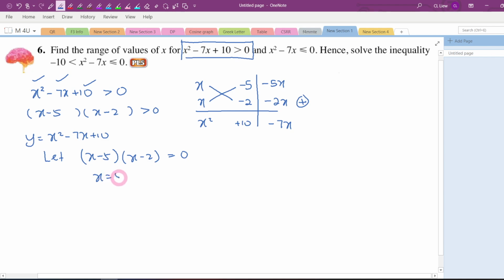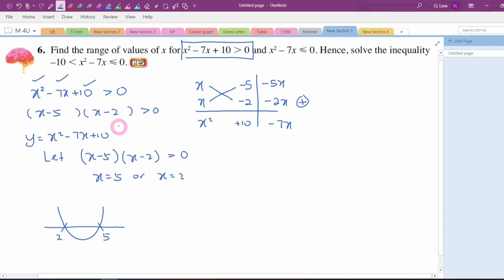So x is equal to 5 or x is equal to 2. Now we can start sketching the graph. When we sketch the graph to find the range of x, we don't have to sketch the y-axis. We just sketch the x-axis. Smiling face, concave up, and the x-intercepts are 2 and 5.